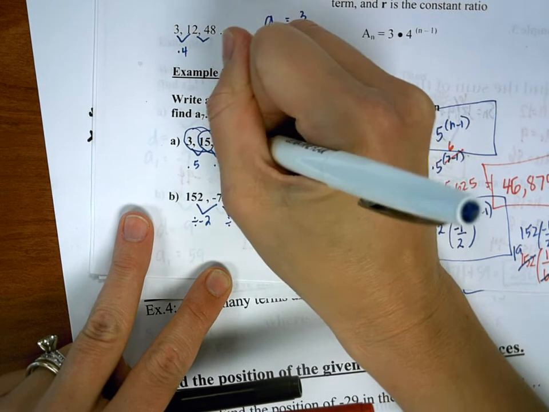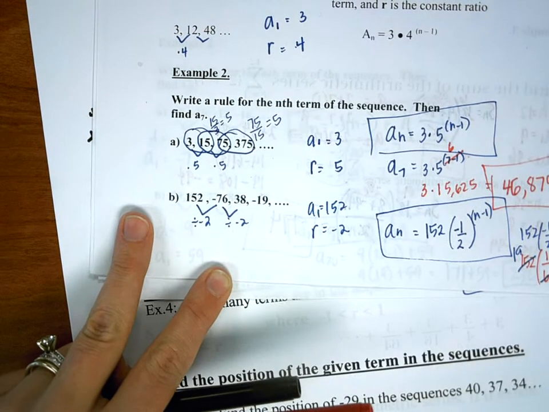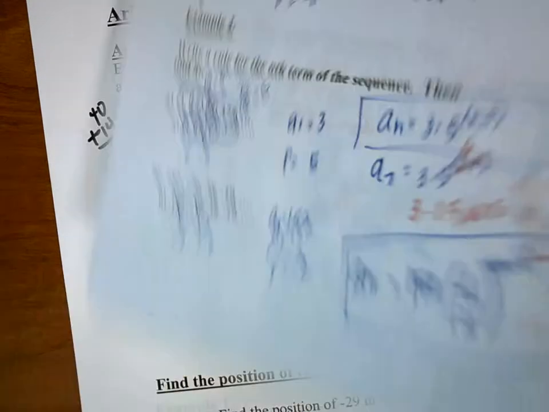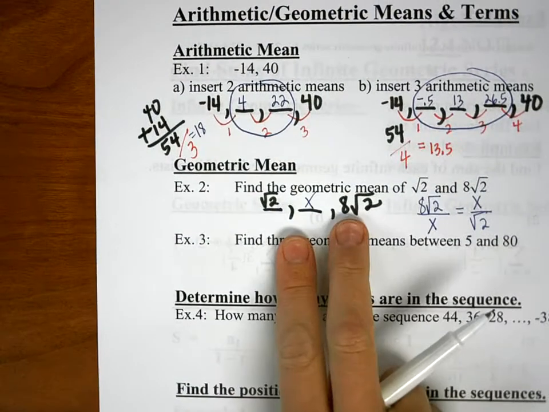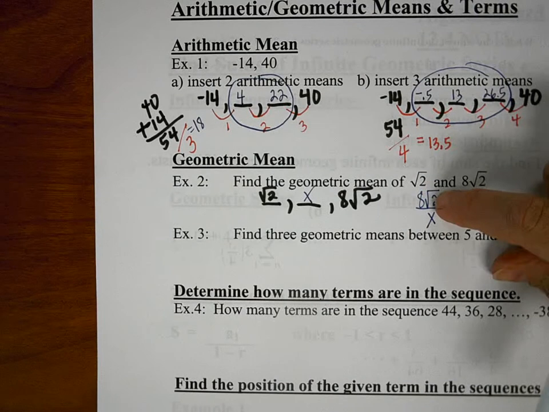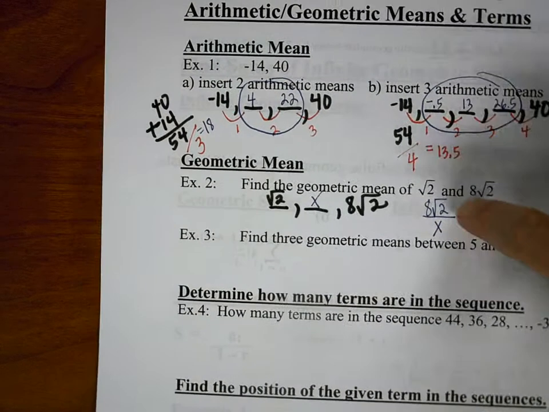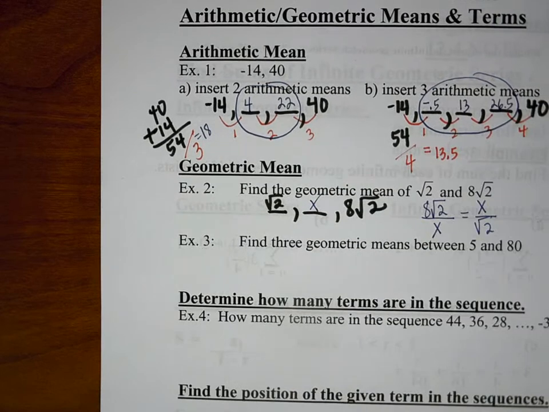If I took 375 and 75 and divide it, I would get 5. So I'm able to set these two equal to each other because I'm doing 8 root 2 divided by x, so the second divided by first, will give me the same answer as taking x divided by root 2.